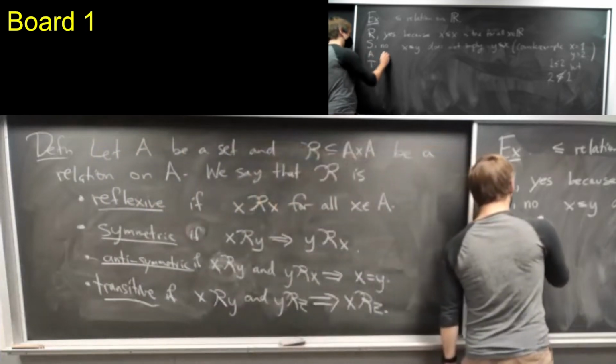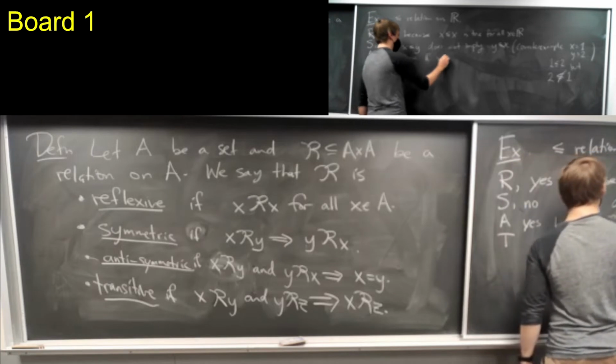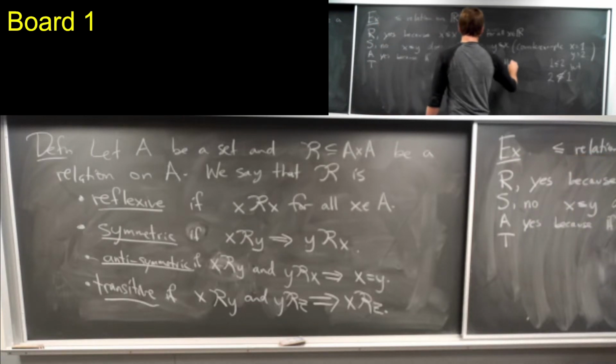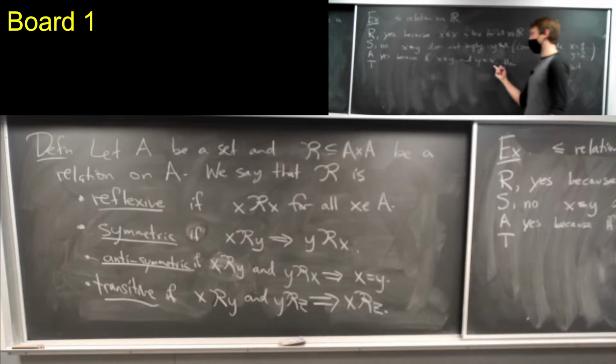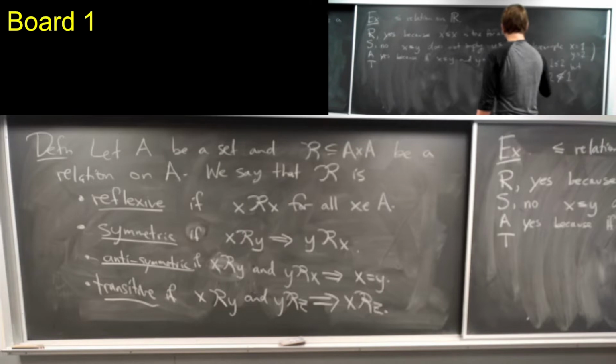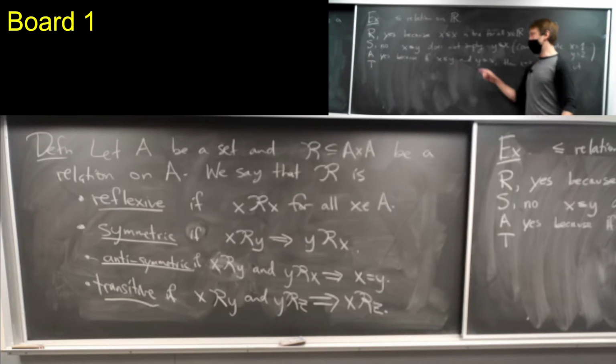Yes, because the only way this can happen is if they're the same number. To say this in the contrapositive way, if X is not equal to Y, then one of them has to be smaller than the other, so you can't have both of these things being true.